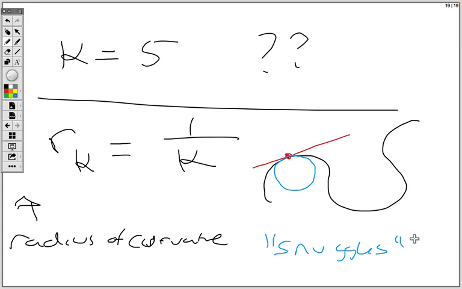So the word snuggles was in a math textbook. I've been on a quest to find it. I don't know what happened to my Larson book. I think I gave it to a student. But in that edition, just imagine this circle snuggling in, and the radius of that circle is your radius of curvature.